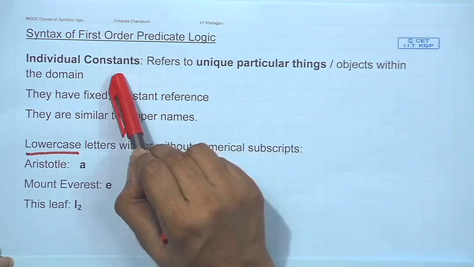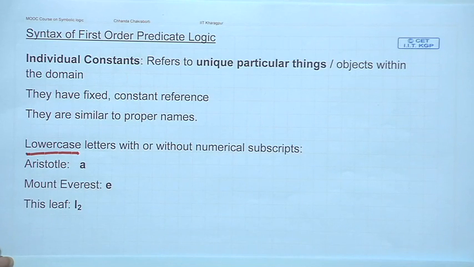So, please understand the term very well. Constants means reference is constant, fixed. Individual, as in this will pick individual objects or things, entities from your domain, as opposed to groups, classes, large clusters and so on.